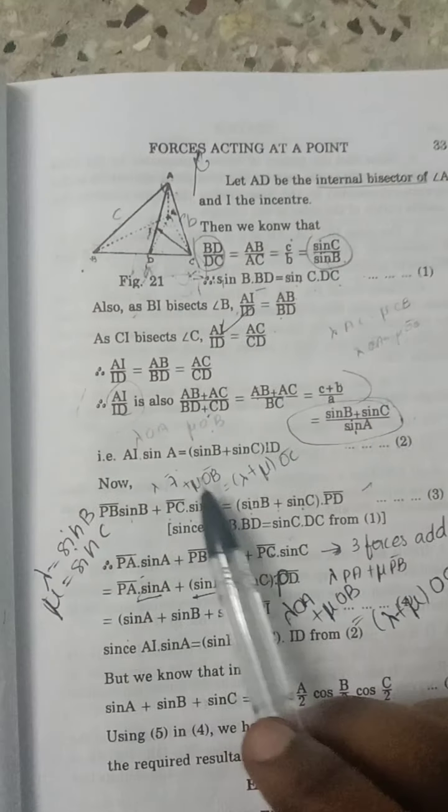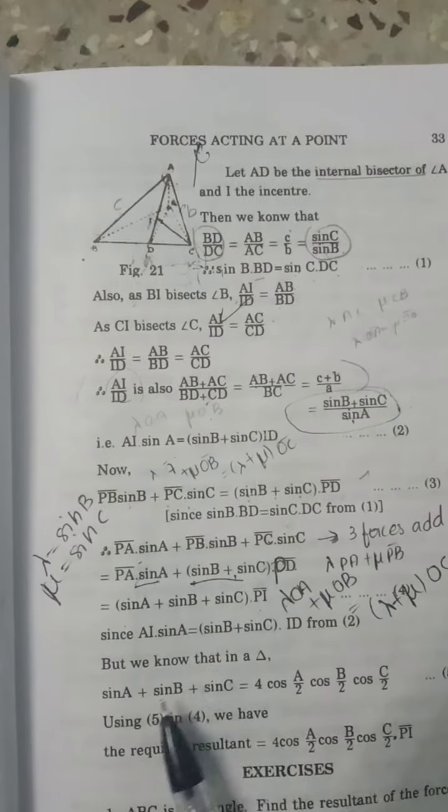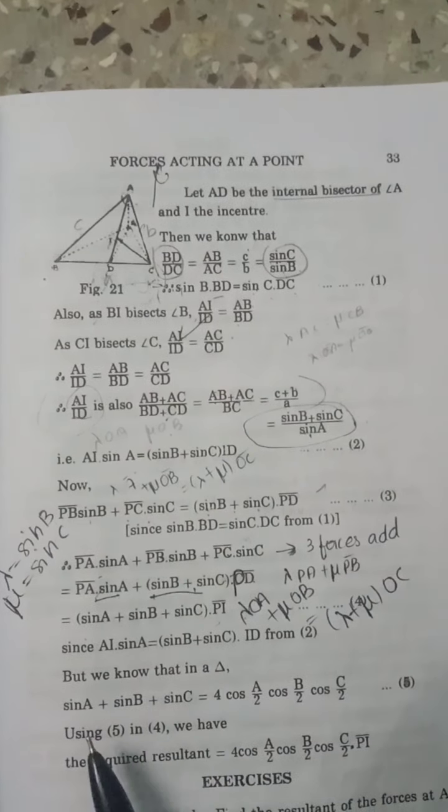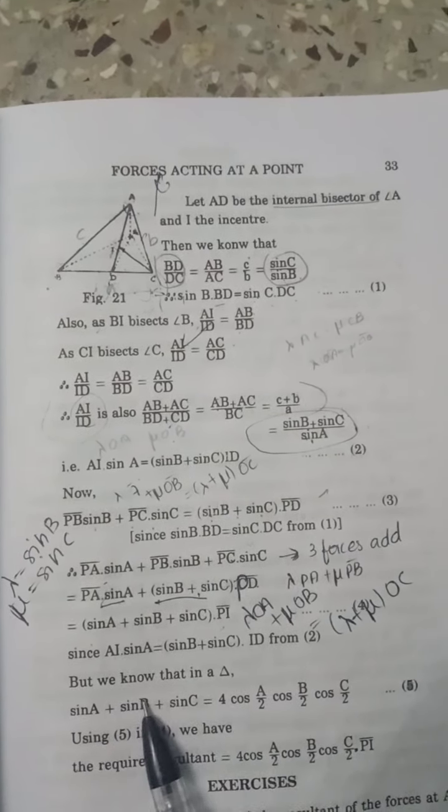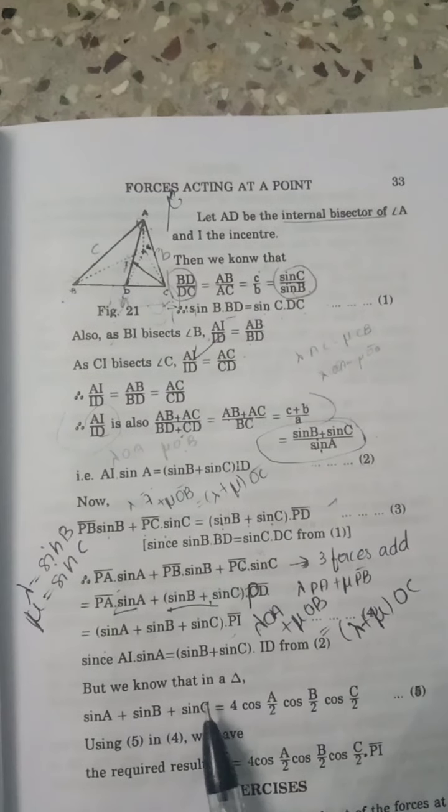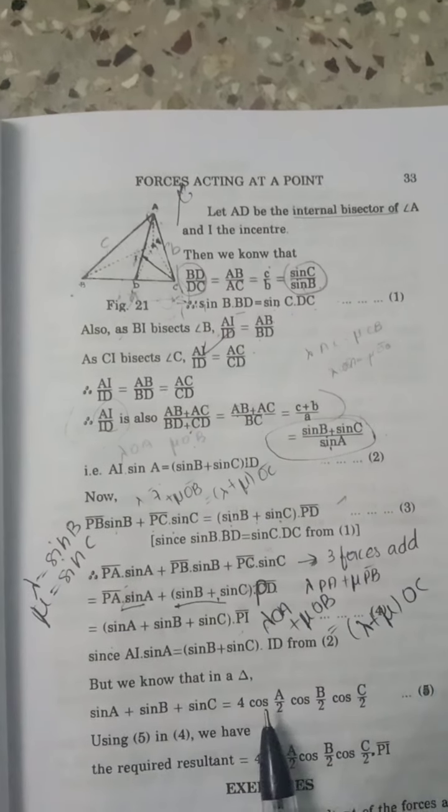Then we take the second equation. From this we know that sin A plus sin B plus sin C equals 4 cos A/2 cos B/2 cos C/2, which is the trigonometric form we already know.